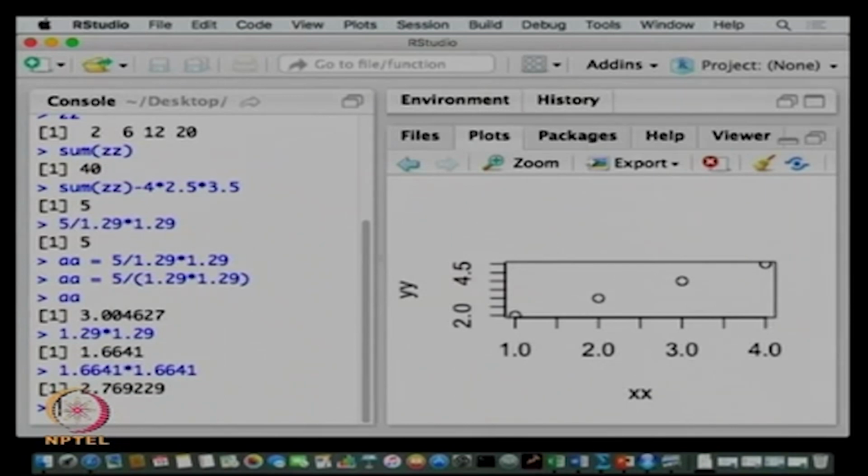You can accordingly use the formula and find out the correlation coefficient rho.